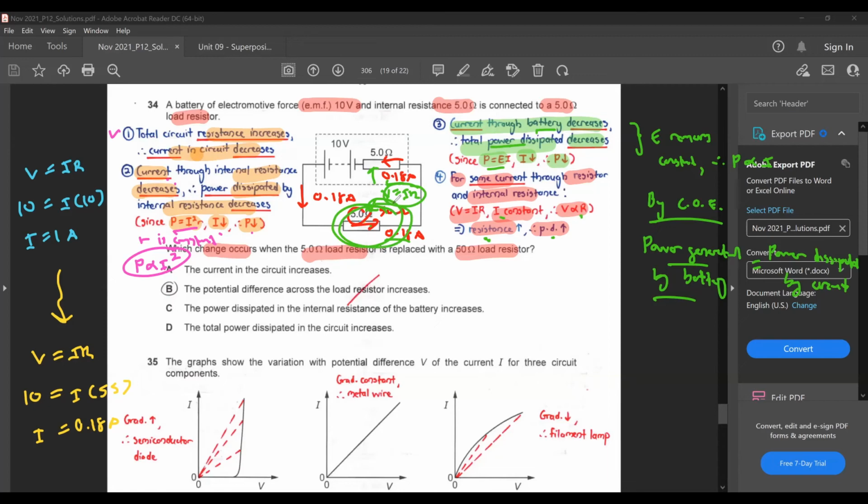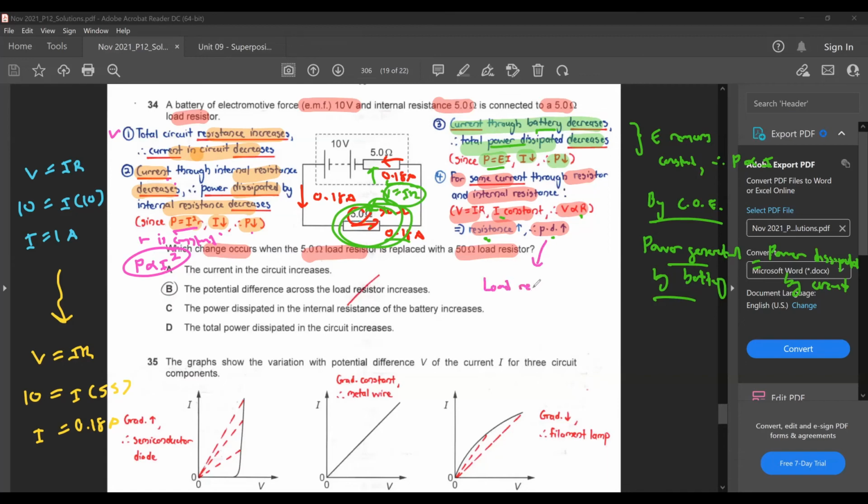So in my case, the PD across the load resistor increases. This one is referring to the PD across the load resistor. Let me just write something here.